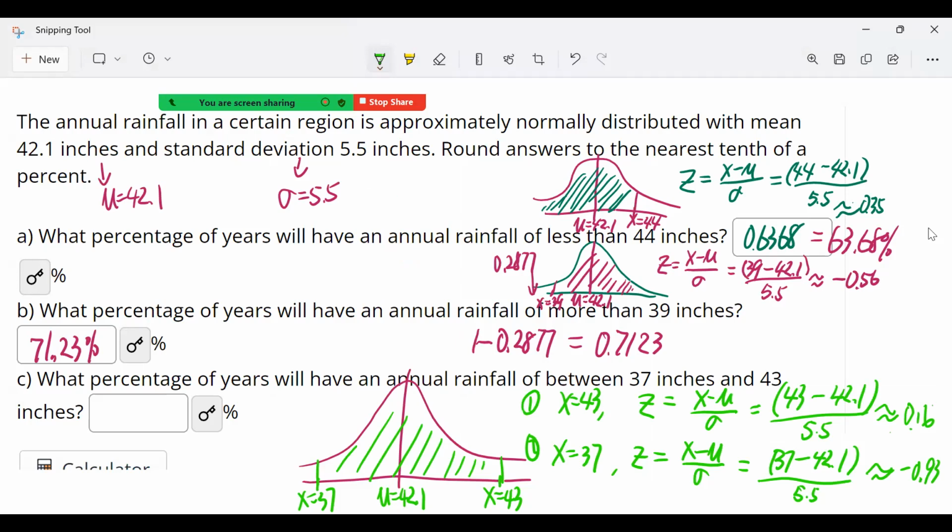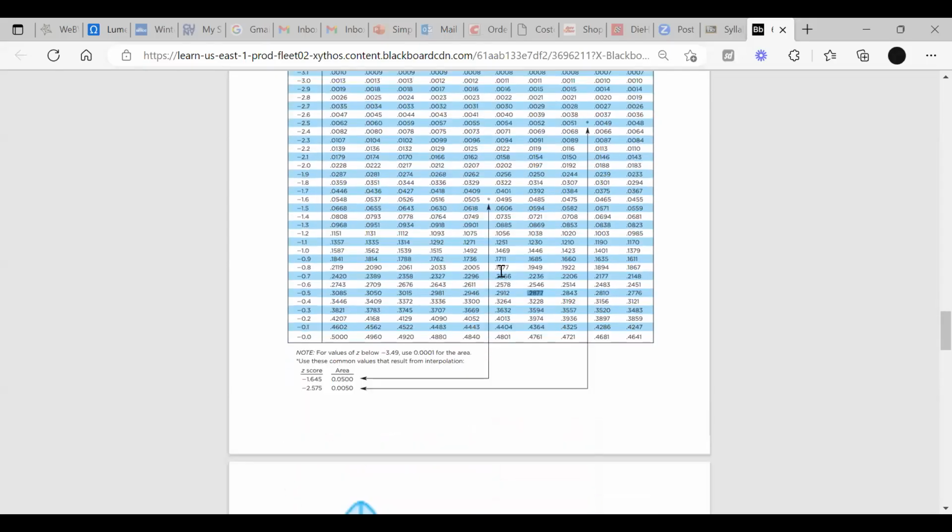Using the bigger z-score, 0.16, we find the corresponding probability first.